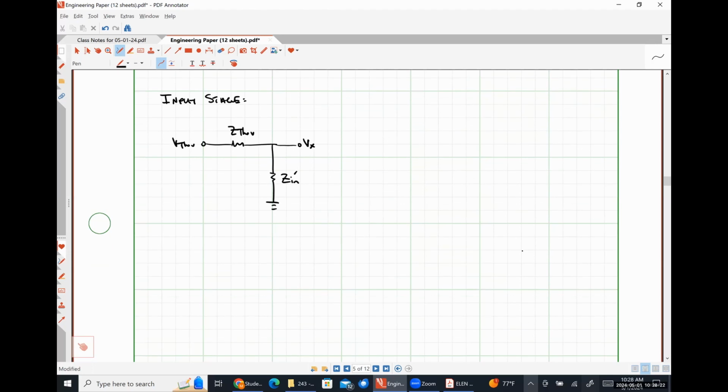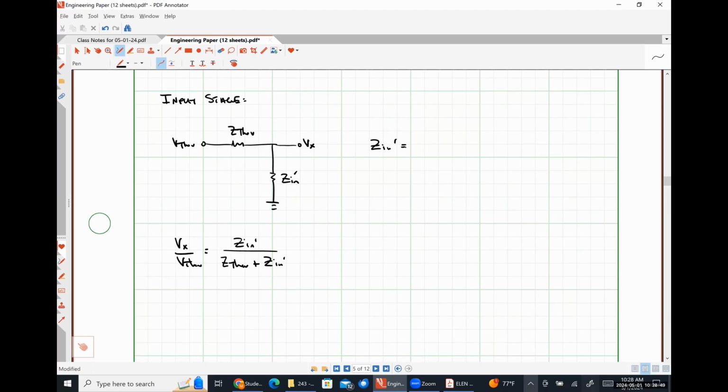So our transfer function for this is going to look like Vx over Vthev is simply Zin prime over Zthev plus Zin prime, where Zin prime, again, is just the impedance seen looking in.